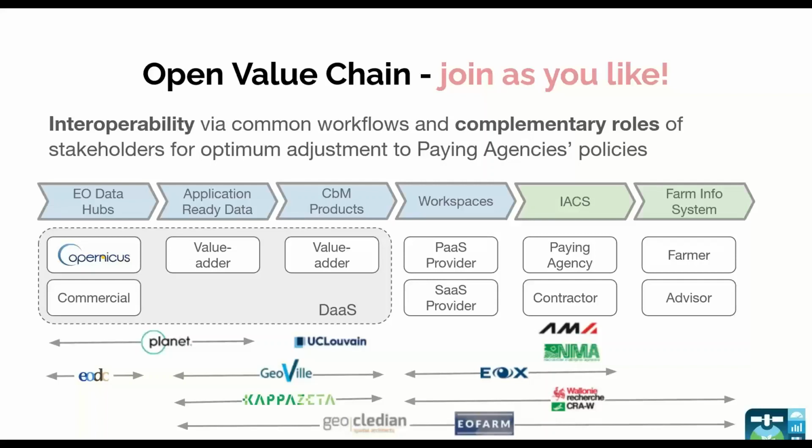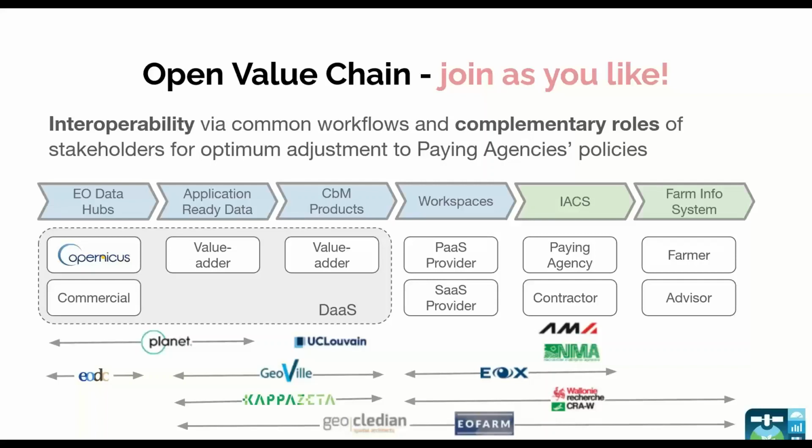As you can see down here, the logos along the value chain are the logos of stakeholders who have already taken some commitment to participate in the collaboration within the EO-WIDGET initiative. And this is the model.